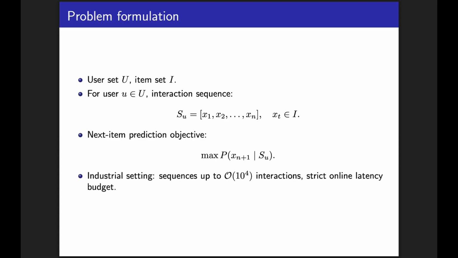And the objective is maximizing the probability of the next item, x of n plus 1, so what is to be predicted as the next item for that user, given the interaction sequence that we have access to for that specific user. This is, I would say, a pretty common setting for any recommendation system, so nothing new on this side.